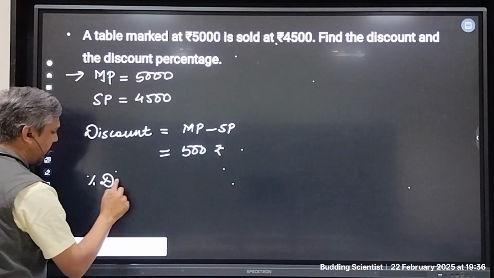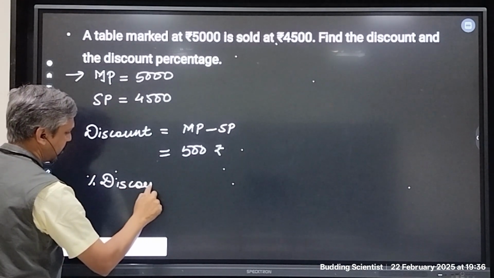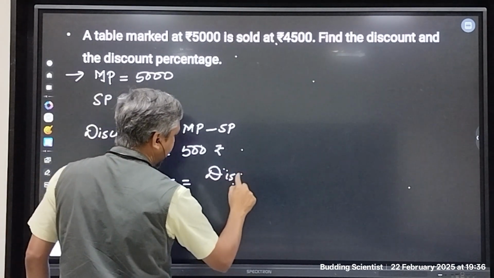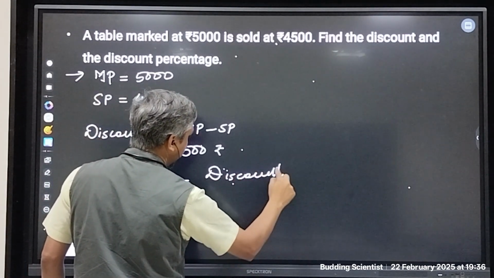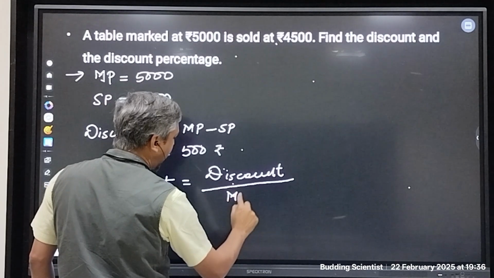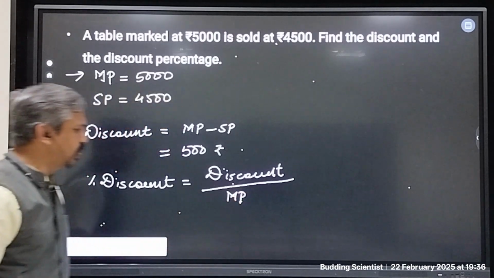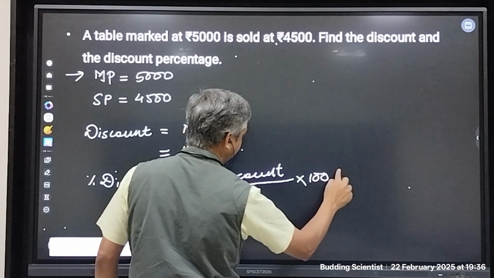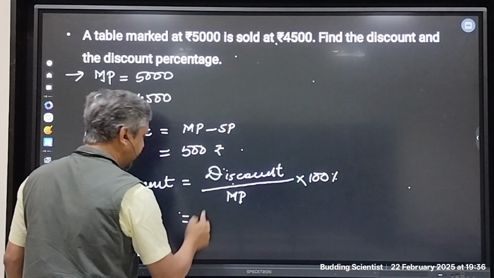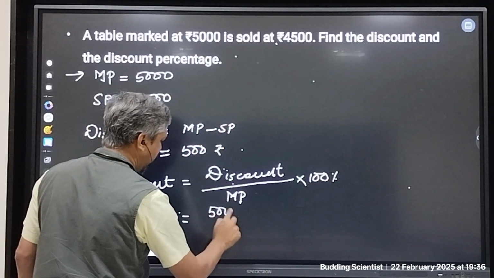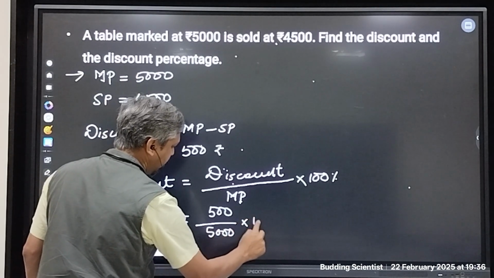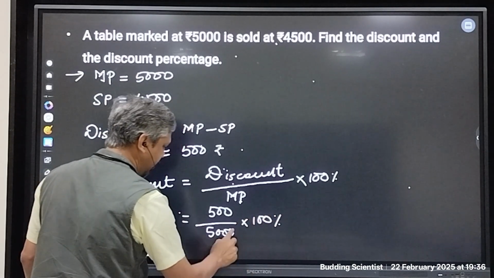Percentage discount is equal to actual discount upon MP or cost price, mark price or cost price, multiplied by 100%. That is equal to 500 upon 5,000 into 100%.